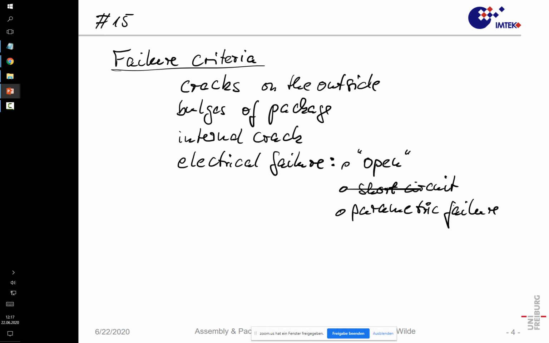Also, we must say such soldering tests are also important in all other reliability tests, for instance, temperature shock and so on, because before we go into such tests, the device must always be subjected to soldering cycles.